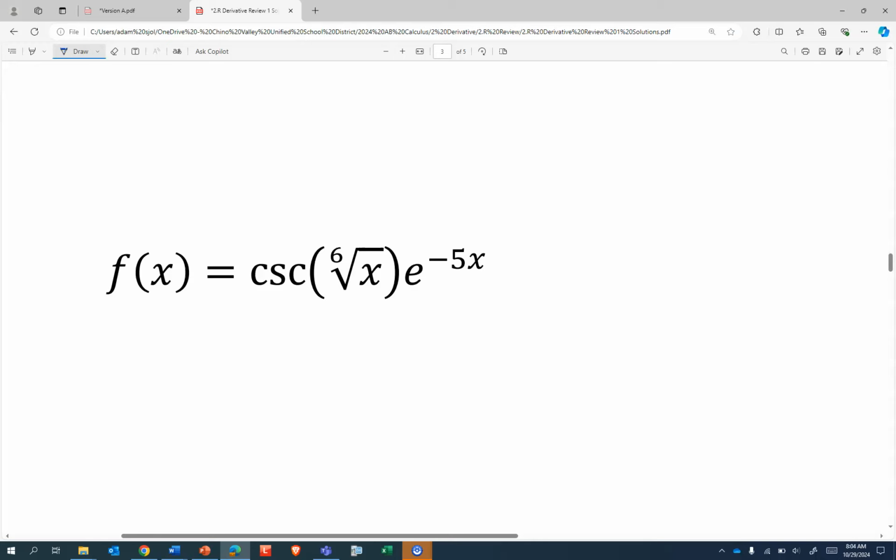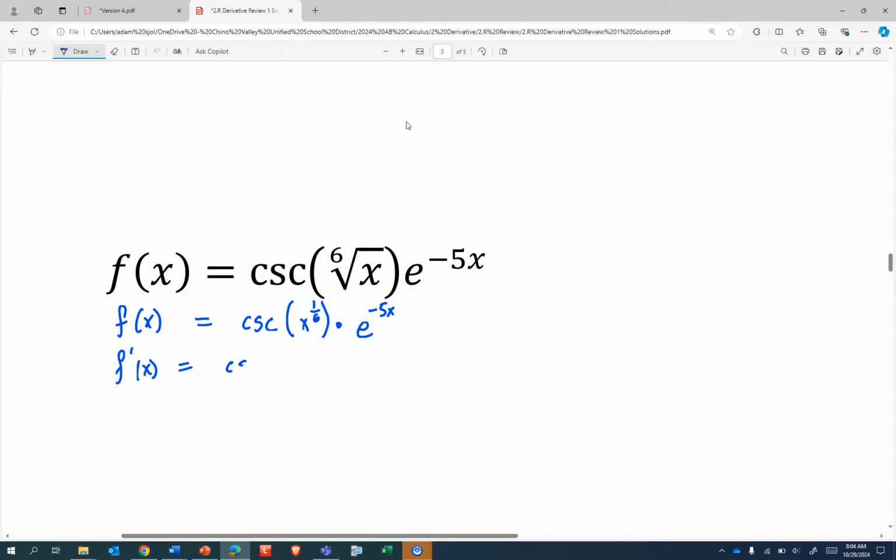Oh, all right, cosecant, gross. Let's rewrite this with an exponent on that square, on the 6th root. So that's x to the 1/6, and let's put a dot in here so it's very clear we know we're doing product rule. Okay, so let's see.